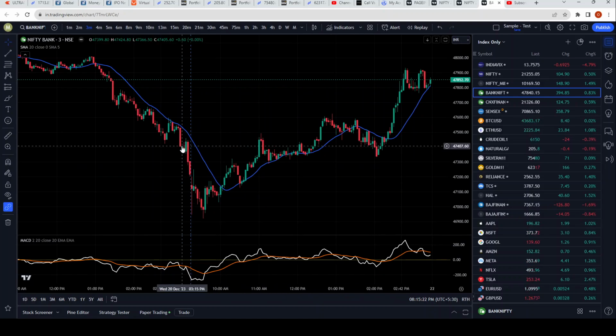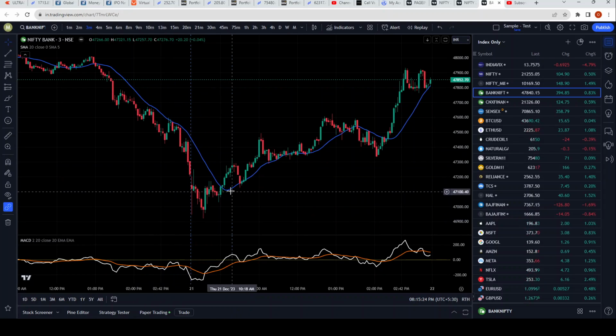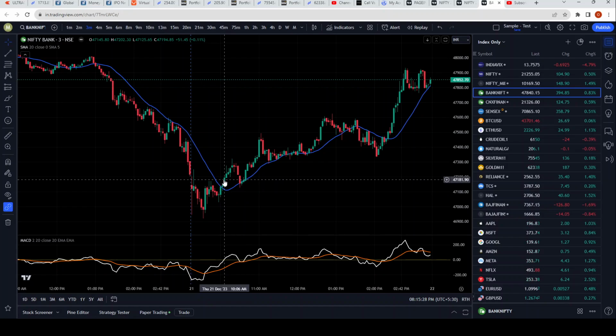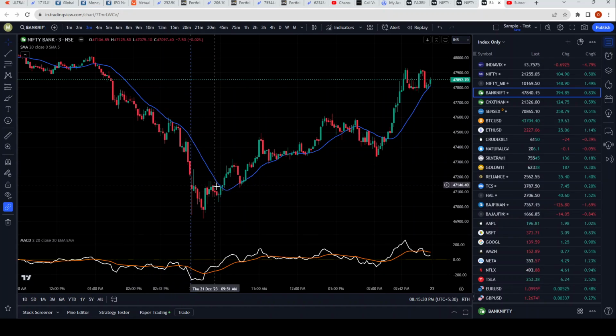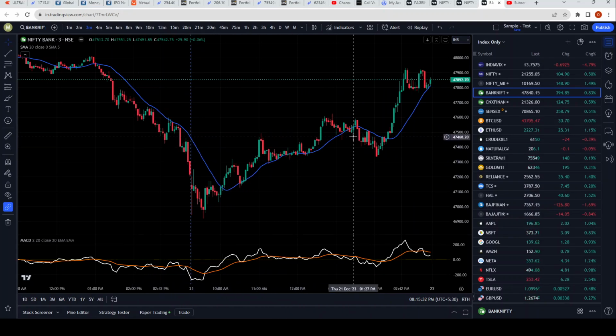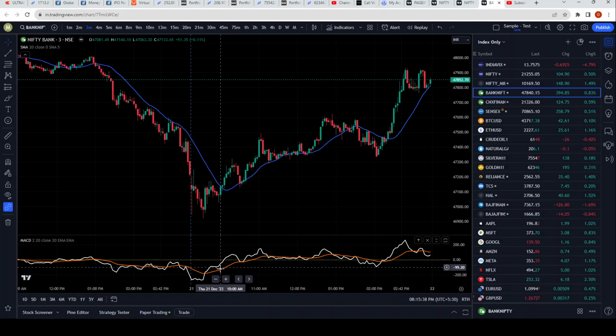It's very simple. If you want to buy, the candle should be green. It should be above this line, which is the 20 moving average in blue. And over here, the white line has to be above the orange line, and it has to be above this yellow line, which is the 50% marker.